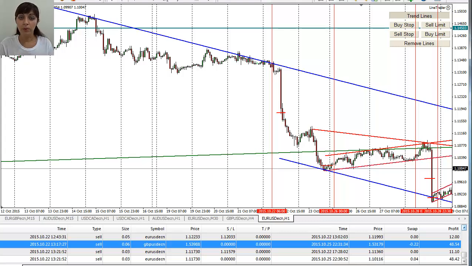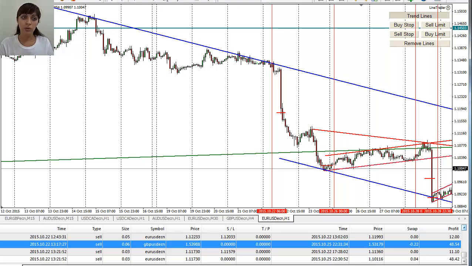Like many people with Fibonacci lines, they buy or sell from certain levels, like it gets to 78, so you sell it, or it gets to 23, you buy it, or something like this. Well, I don't do anything like that. I only use them as levels, and I still draw my other lines and channels, and from them I place the orders.